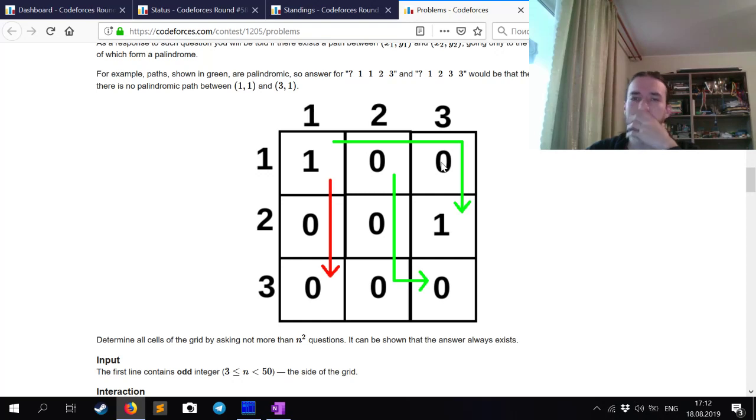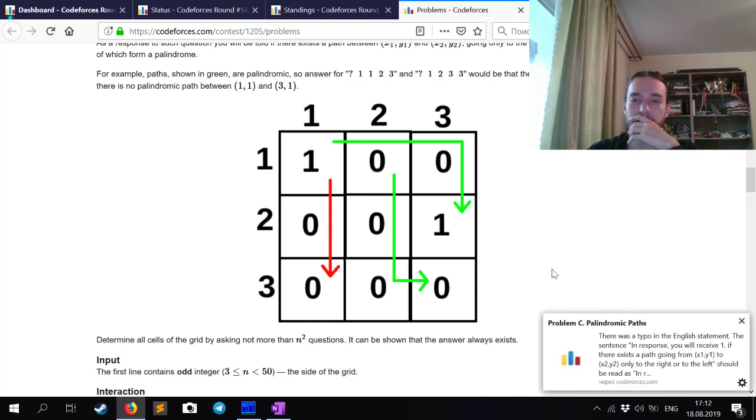What do we do now? We can ask for these. Oh, we can also determine these, right? Yes, we know all these cells, these black squares of a checkerboard, basically.